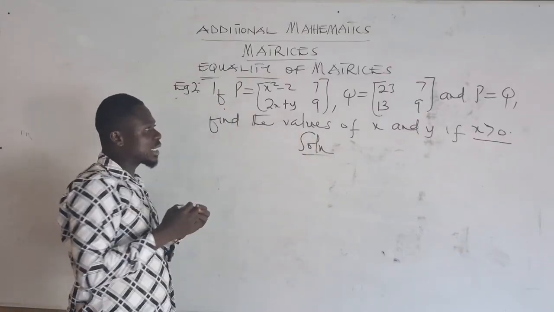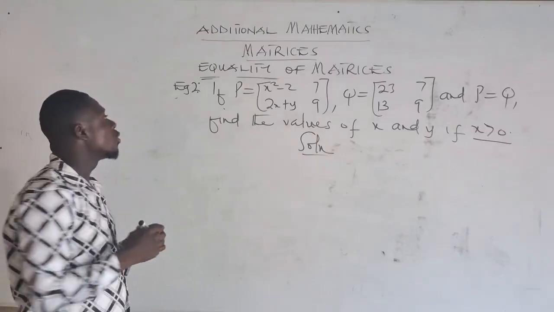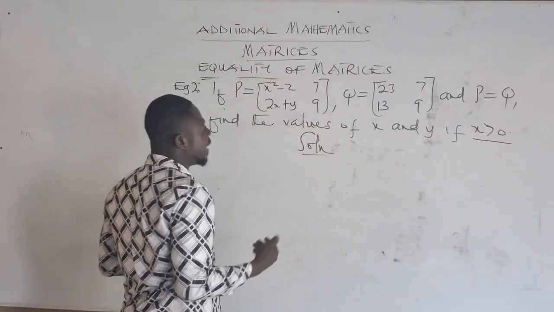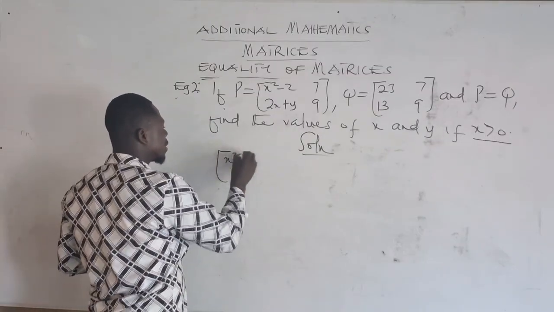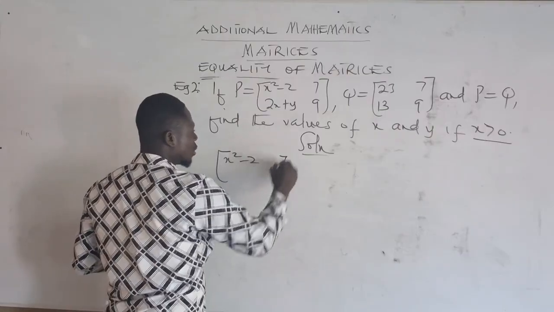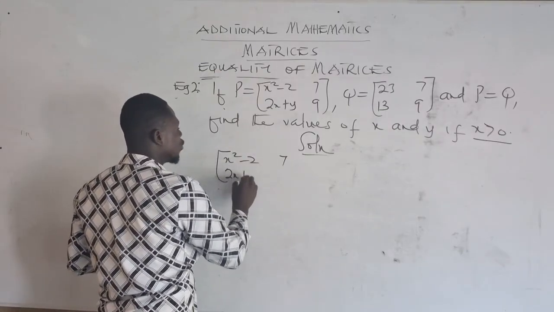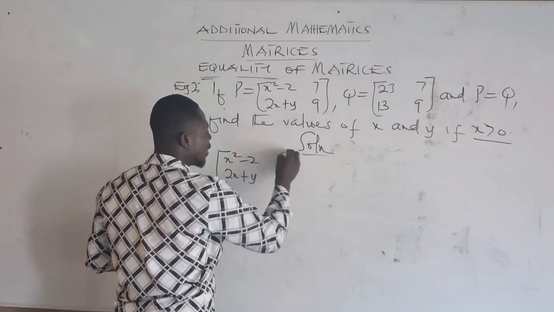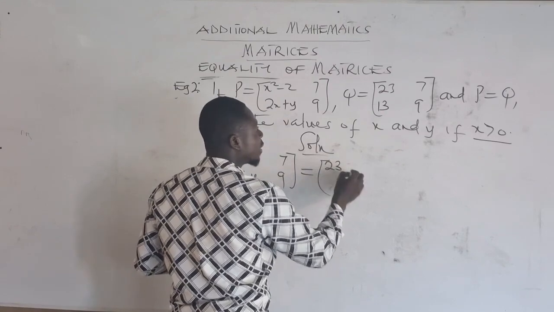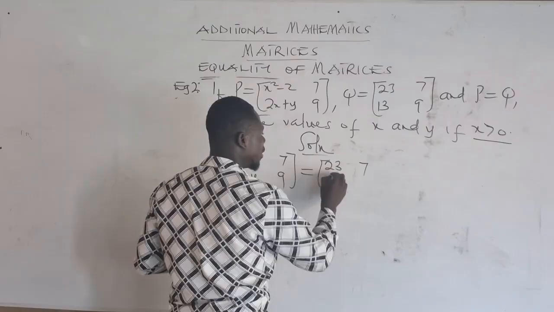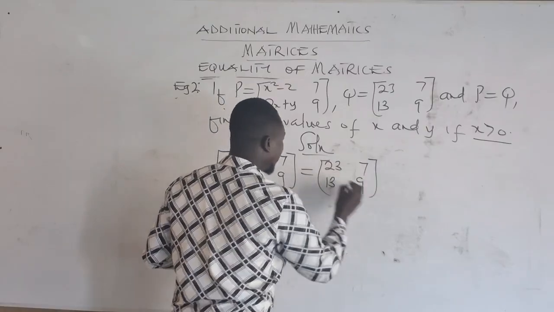Because the two matrices are equal, we will equate the matrix P to the matrix Q. P is x squared minus 2, 7, 2x plus y, 9, and that of Q is 23, 7, 13, 9.